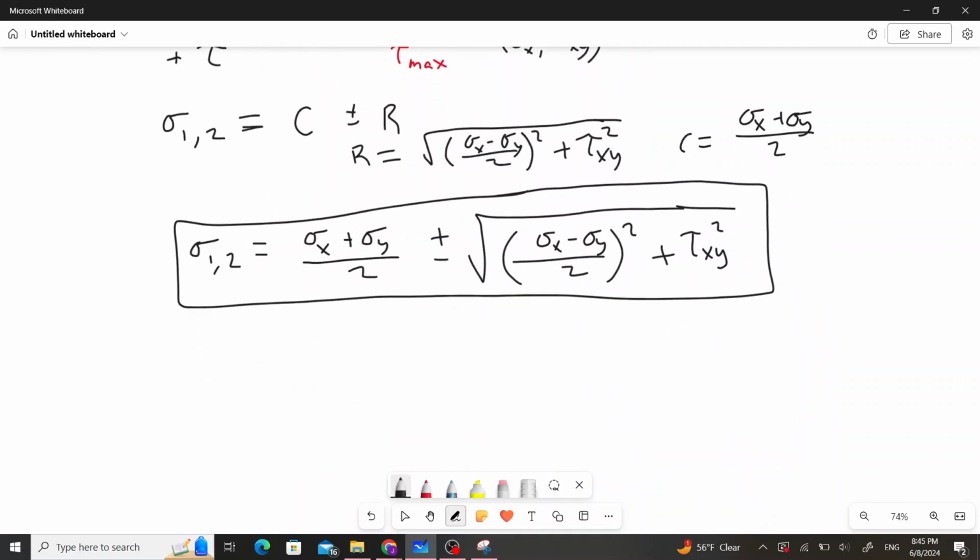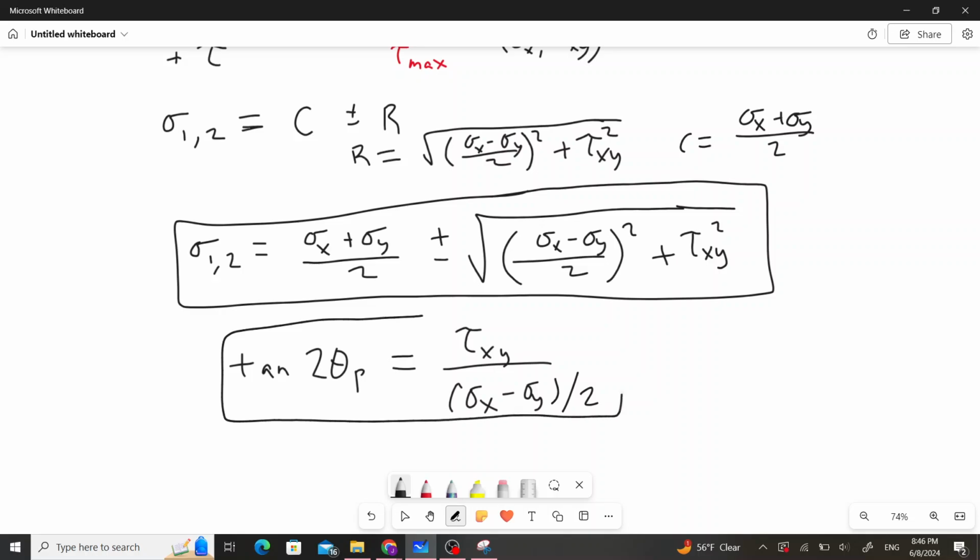And then this is a familiar equation for us. The tangent of that angle, tan 2 theta p, we just use the definition of tangent, and that's going to be equal to tau xy over sigma x minus sigma y over 2.